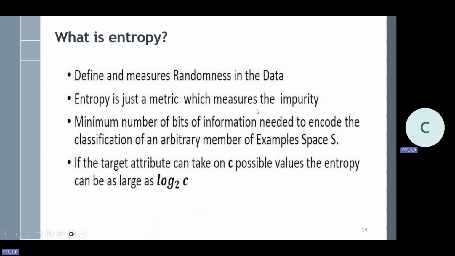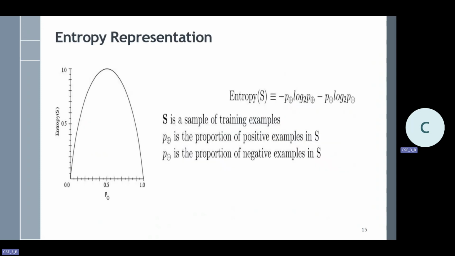It's a metric which measures impurity, and according to information theory, it is the minimum number of bits of information needed to encode the classification of an arbitrary member of example space S. If the target attribute can take on C possible values, the entropy can be as large as log 2 to the base C. It varies in the range of 0 to 1.